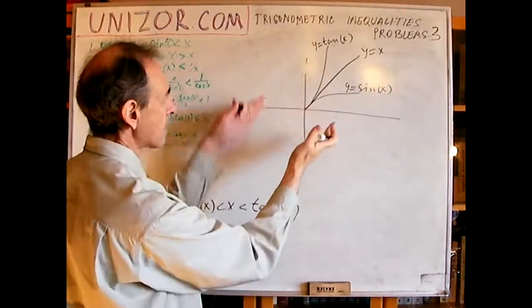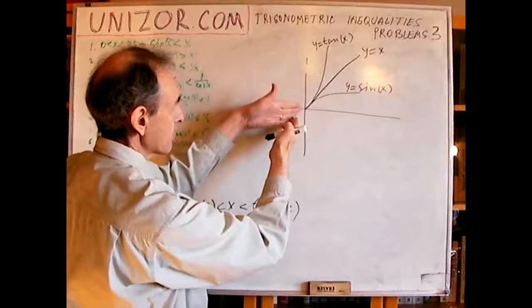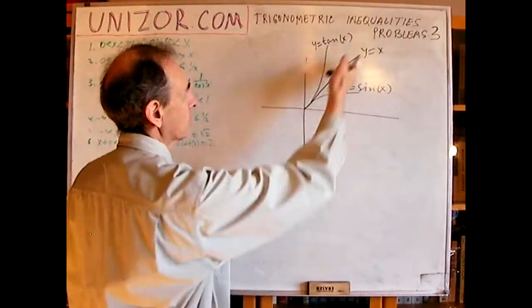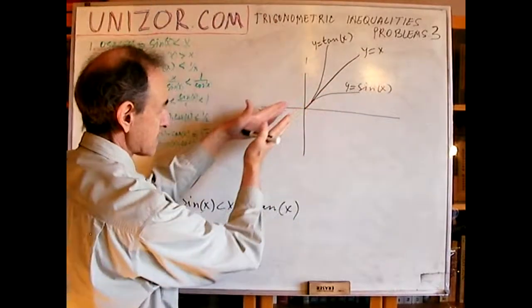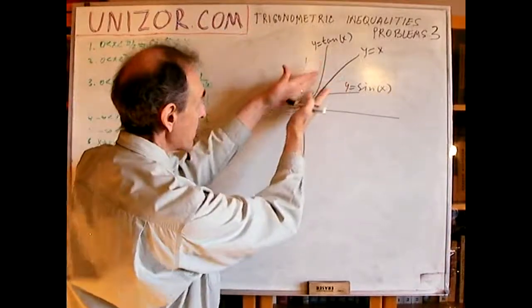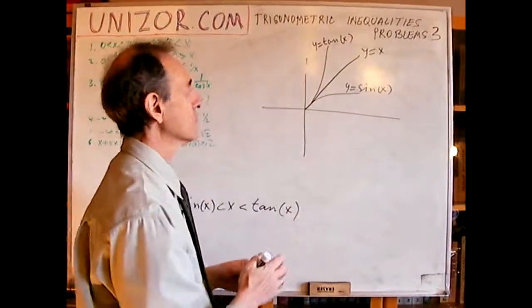That's how they behave locally, very close to 0. They are coming into the same thing, but sine from the bottom and a tangent from the top, and they are all kind of straightening their graphs. So at 0 they are basically parallel to each other. That's the behavior of these functions.